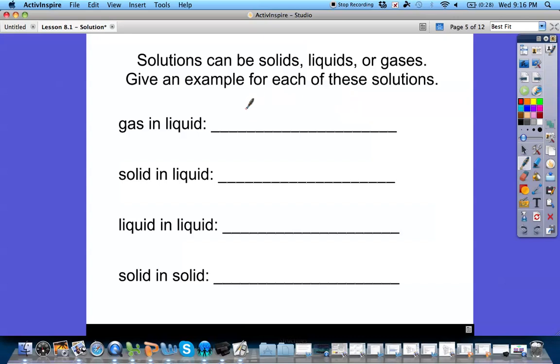So solutions can be solids, liquids, or gases. So here's a couple examples. We can dissolve a gas into a liquid. An example of this is soda. If you have a can of soda or a bottle of pop, when you open it, it fizzes, and that fizz is CO2. That is the gas that is dissolved in essentially sugar water.